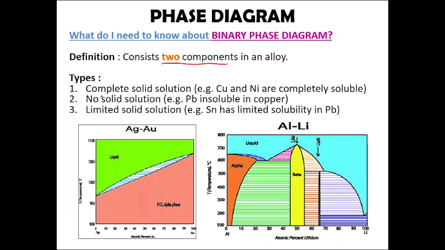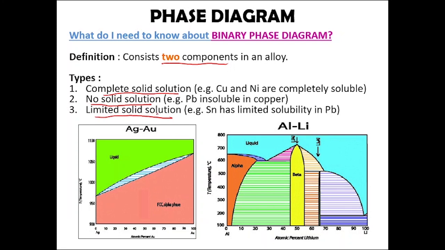The first one is complete solid solution, or we call it binary isomorphous solid solution. And then the second one, we have no solid solution. And then the third one is limited solid solution.